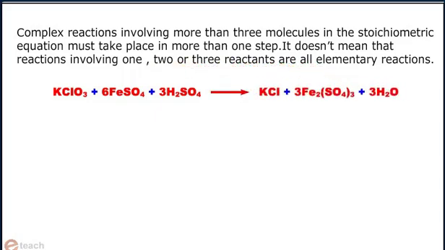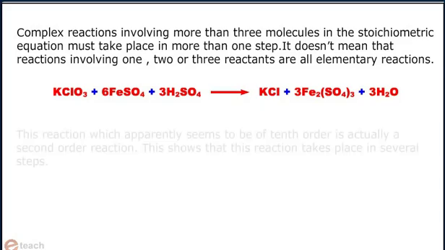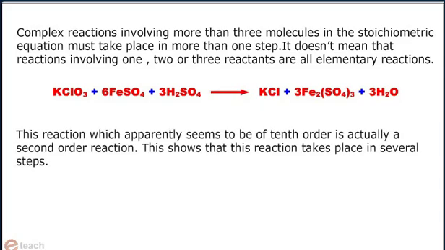KClO3 plus 6FeSO4 plus 3H2SO4 gives KCl plus 3Fe2(SO4)3 plus 3H2O. This reaction, which apparently seems to be of 10th order, is actually a second order reaction. This shows that this reaction takes place in several steps.